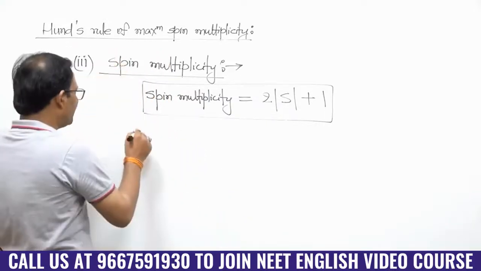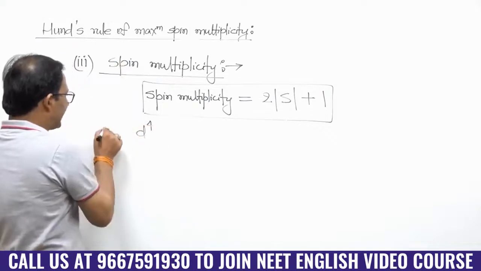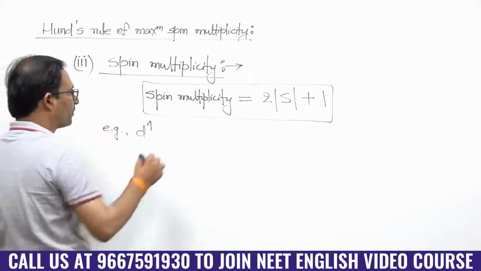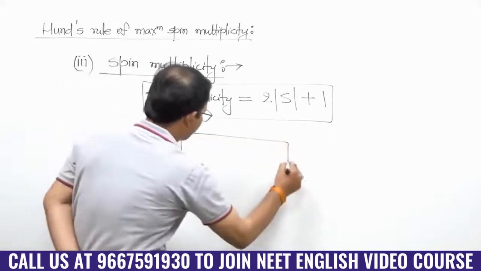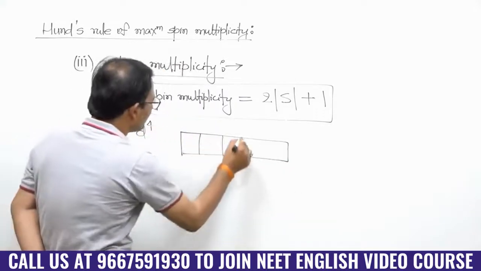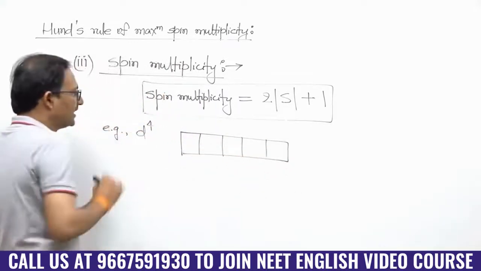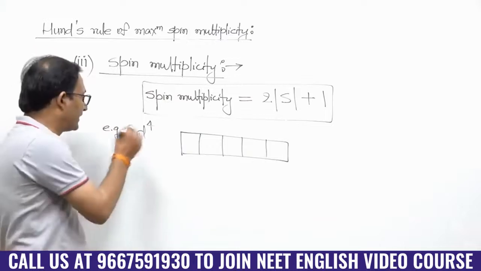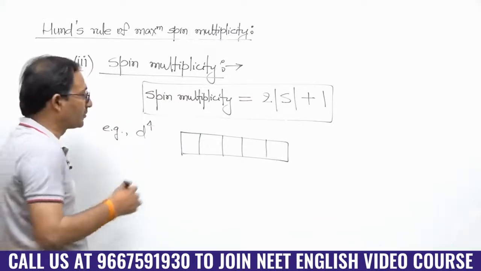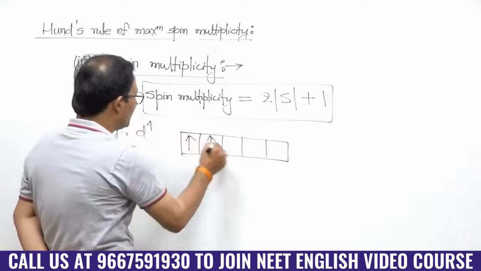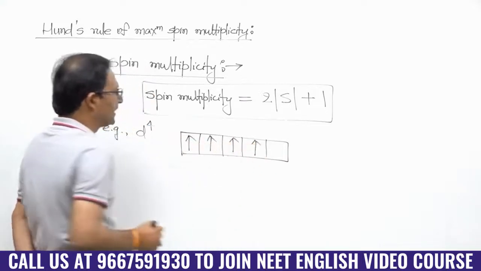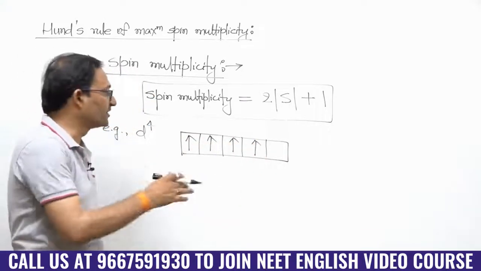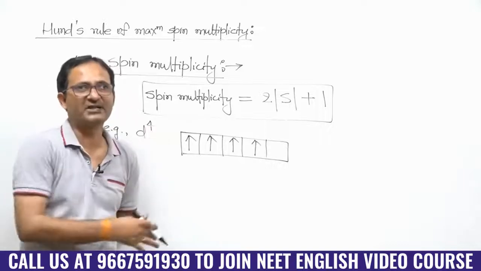For example, take the example of d4. The d subshell has 5 d orbitals, and here there are 4 electrons. So according to Hund's rule, you will fill these 4 electrons in this way, all with spin up or all with spin down.